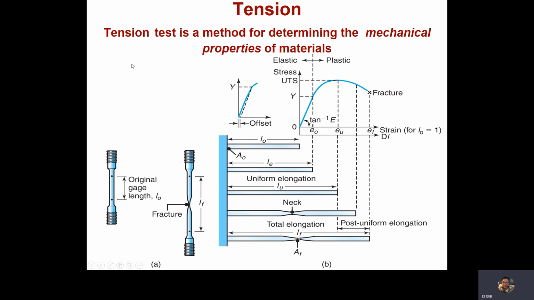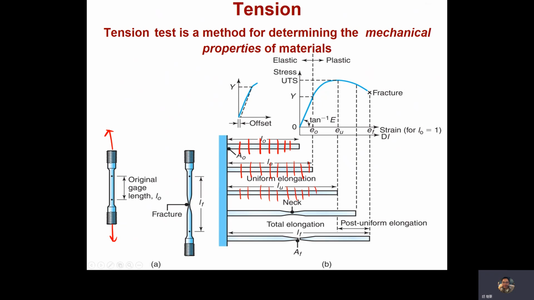When we run this tensile test for the metal, its cross section keeps remaining, and we keep stretching it, and this specimen is stretched and elongated, right? And its cross section still remains.